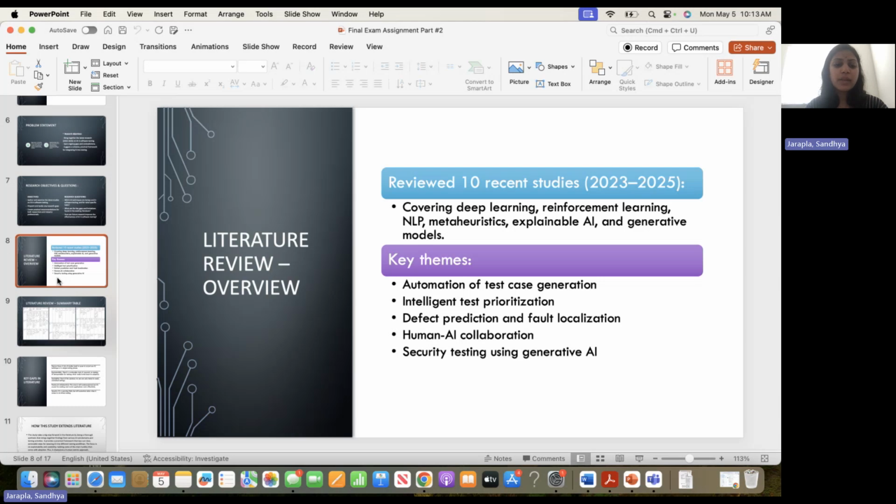Here a broad range of AI techniques are being explored, including deep learning for test prioritization, NLP for test generation, and reinforcement learning for automation. I reviewed studies from top venues, using platforms like IEEE and the ACM.